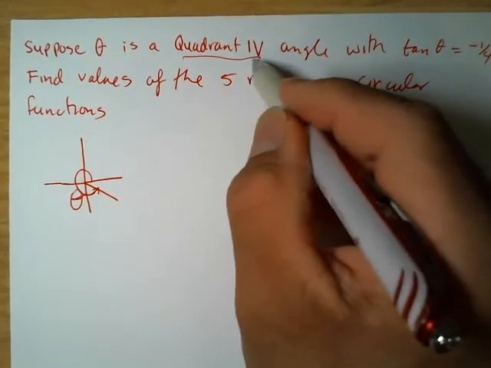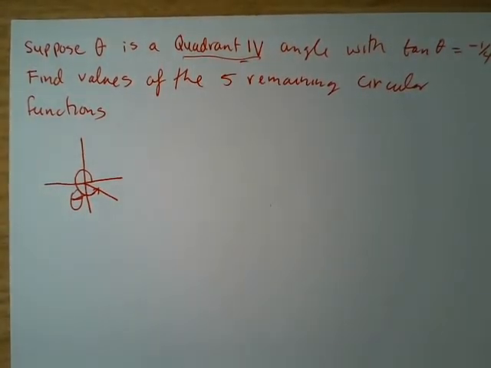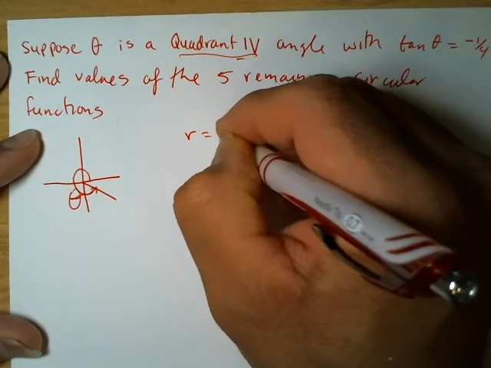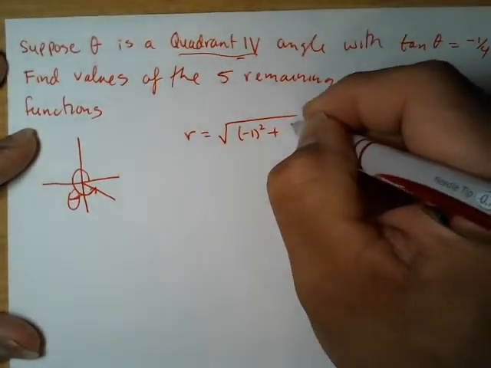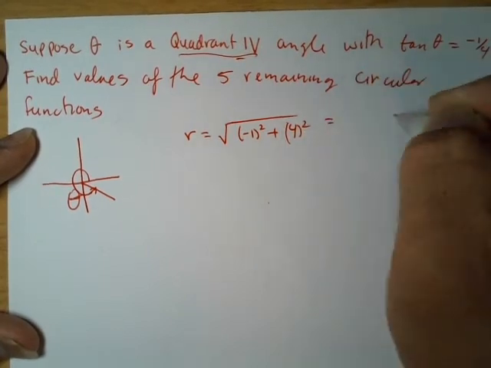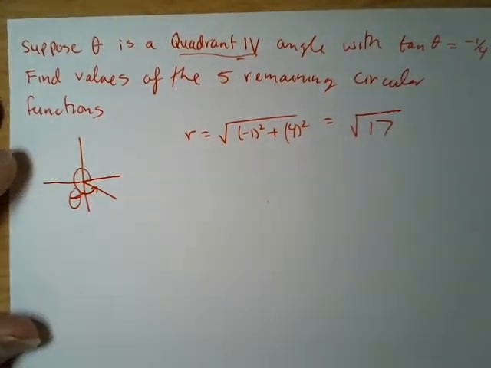This information was given, it's an important piece of information, so let's make sure that we use that. If we treat this as x and y, then r is going to be the square root of negative 1 squared plus 4 squared. So this becomes root 17.